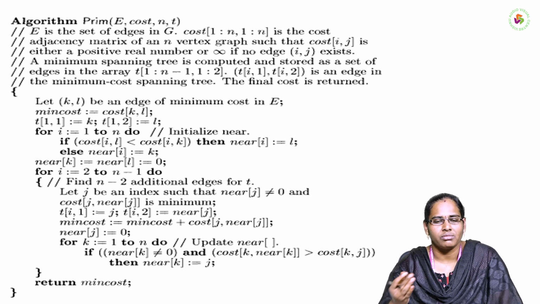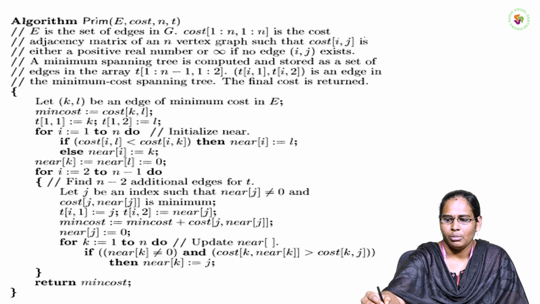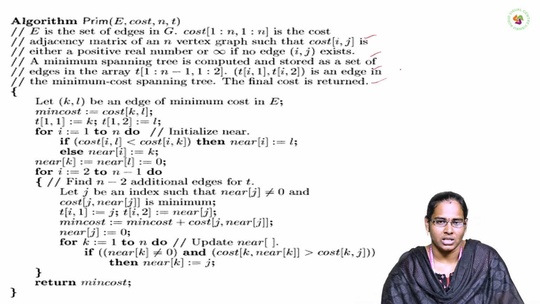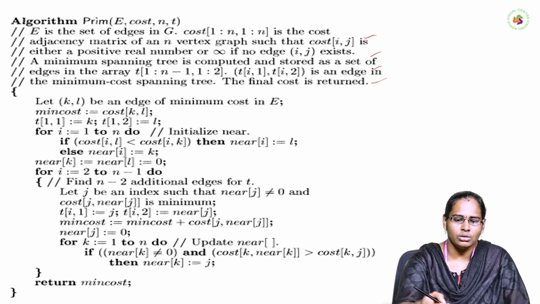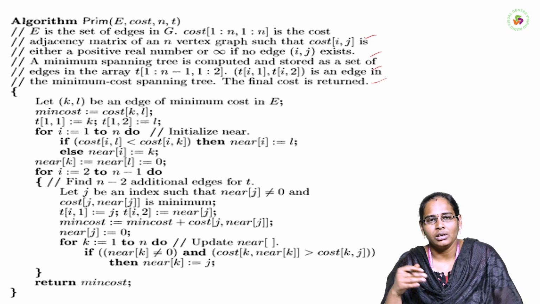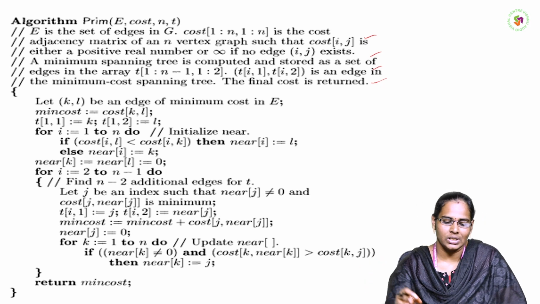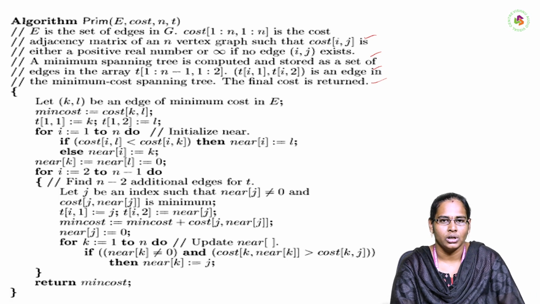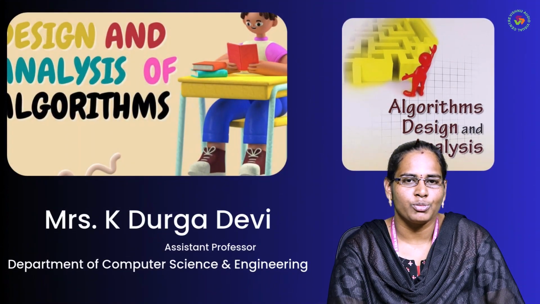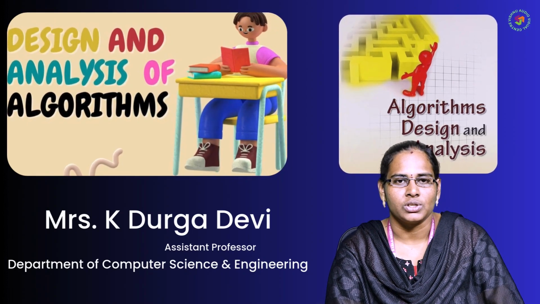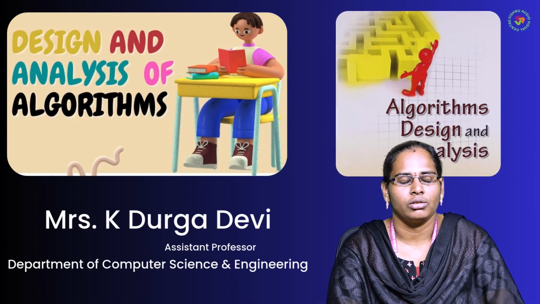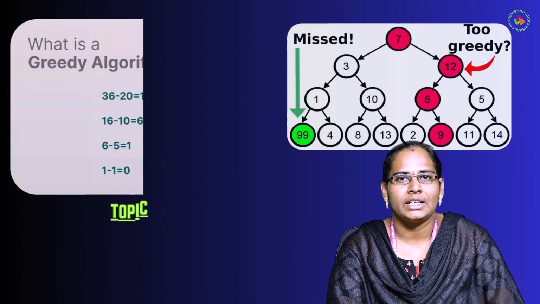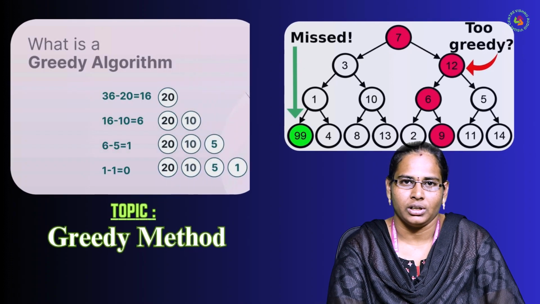What the parameters are and why we are using them will be mentioned in the comment lines, and after that we have to choose edges one by one. So this is the algorithm we follow in Prim's. So these two are minimum spanning tree algorithms. So by this, one of the applications of the greedy method is completed.